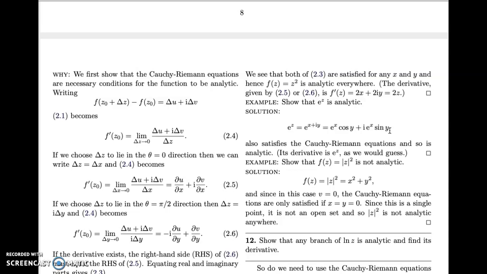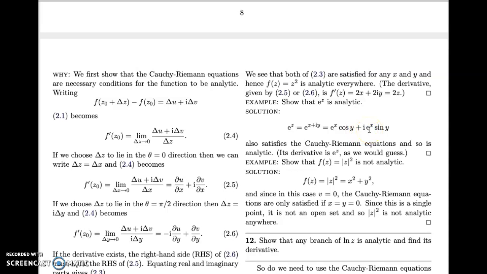And the derivative we get by adding du by dx, which was e to the x cos y, to i times dv by dx, which is yes, just the same thing.